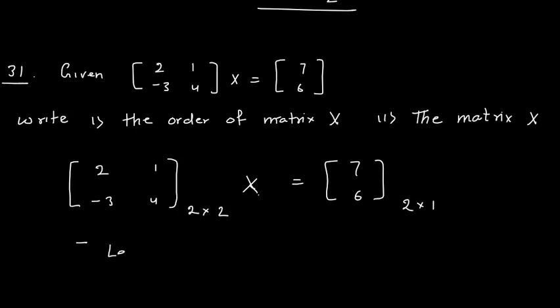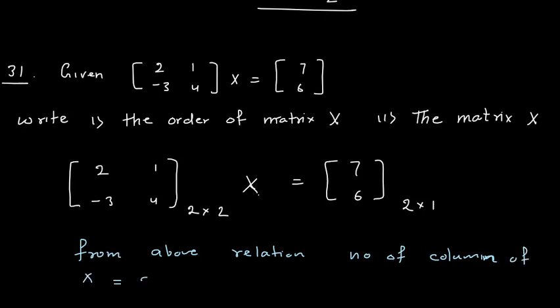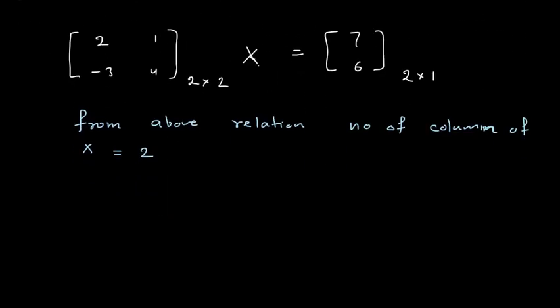From the above relation, what we say is that the number of rows of x is 2, because the number of columns of this first matrix is 2, not number of rows.